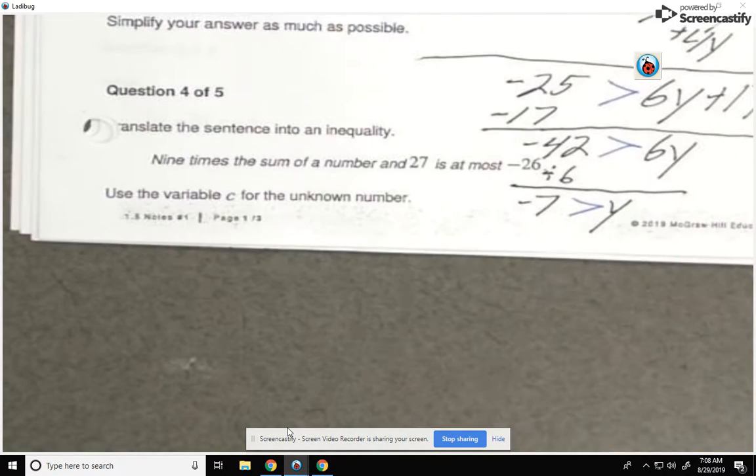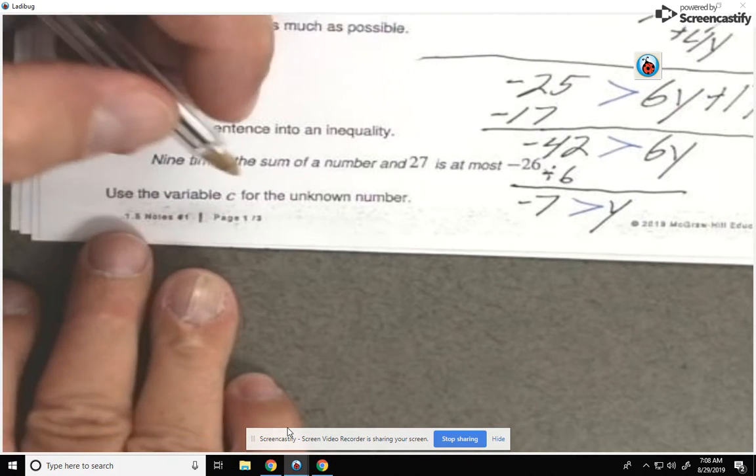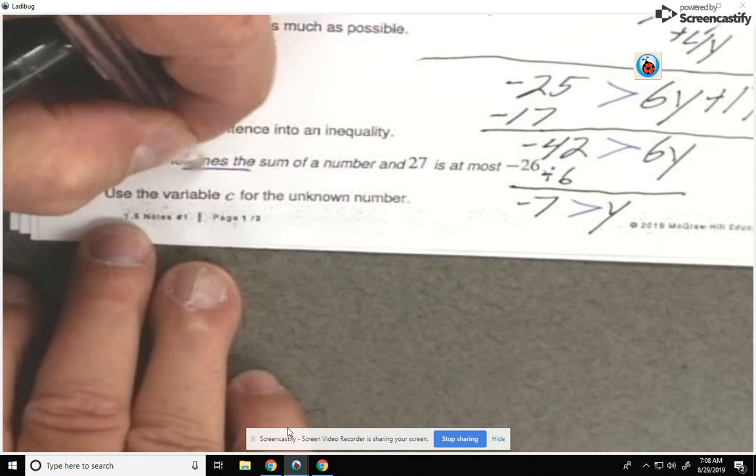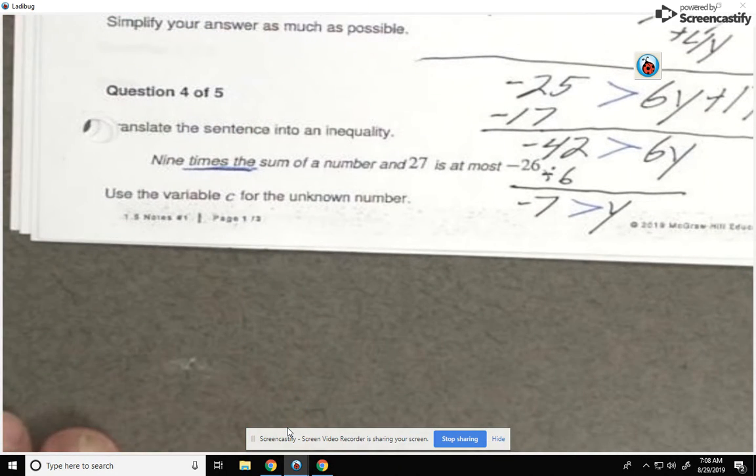Okay, question 4 asks you to write out an inequality. So here, 9 times the, okay, remember, whenever we see times the, that tells us we need to use a parenthesis.